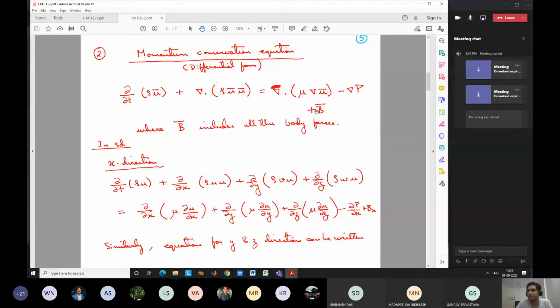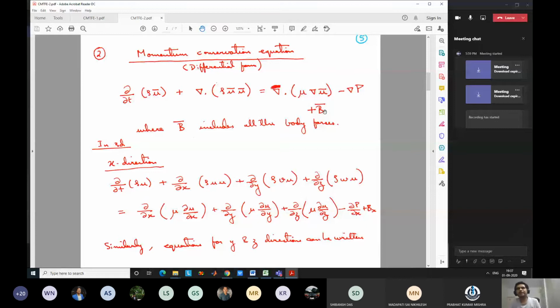So what are body forces? Some examples: gravity is a body force, right? Can you give some other examples of body forces? Electrostatic forces, yes. Then centrifugal force. Surface tension can be defined as a body force or a surface force. Surface tension is a tricky thing.